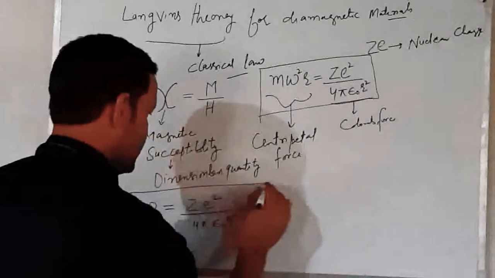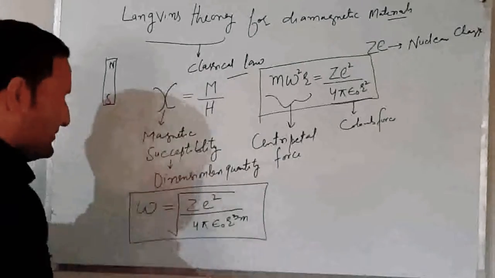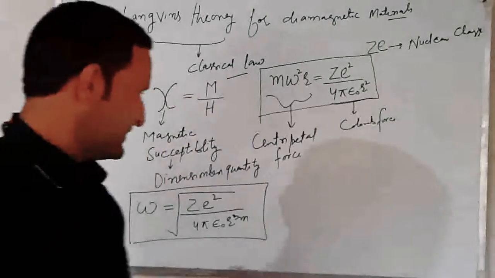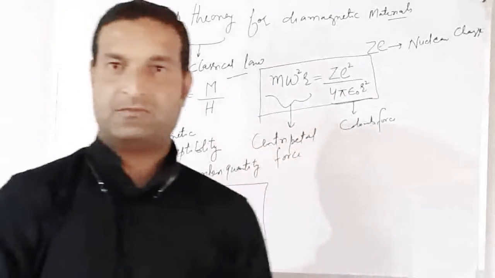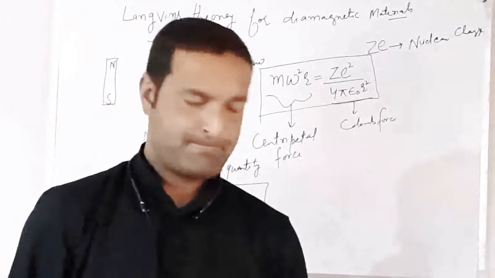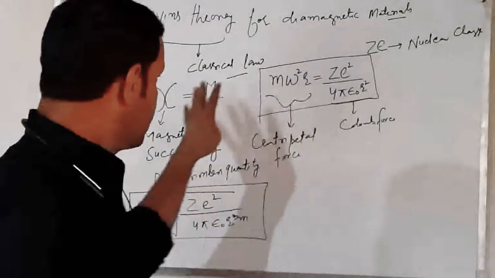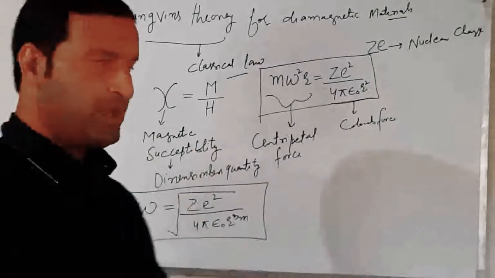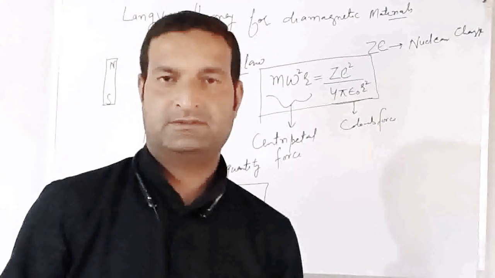This is the value of the angular frequency with which the electron revolves around the nucleus. This is all in the absence of any external field.